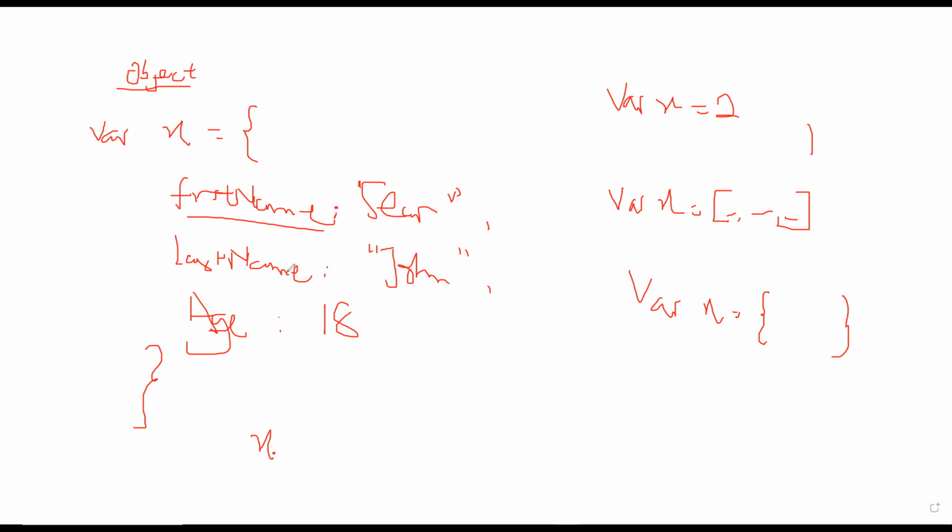We call these properties. First name. So once I do x dot first name, this will return me Sean. Same thing if I do x dot last name, this will return me John.